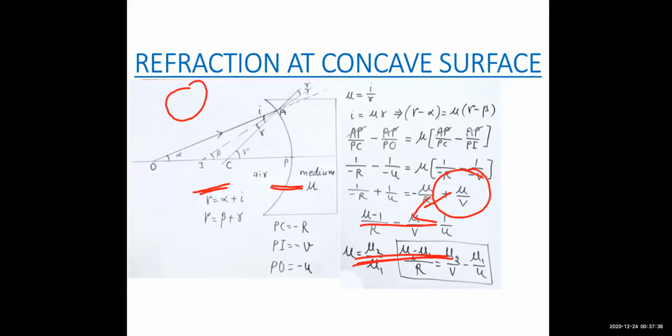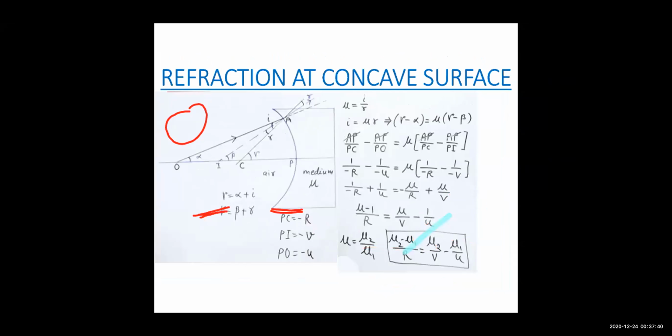Now let's talk about refraction at concave surface. Let's try to understand the diagram first. Now children, here as we see that the refracting surface or the interface between the two media is of concave nature, concave shape. So the topic has been named as refraction at concave surface. Let's try to understand the ray diagram.